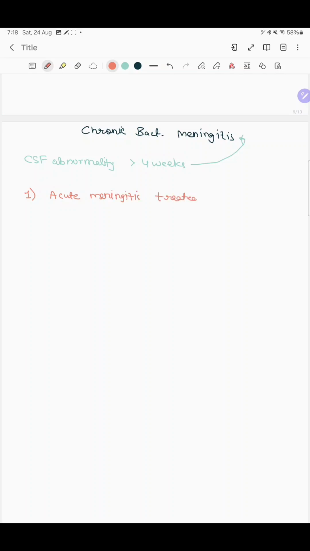It can be Mycobacterium tuberculosis, it can be Lyme disease, or even tertiary syphilis, which can lead to chronic bacterial meningitis.